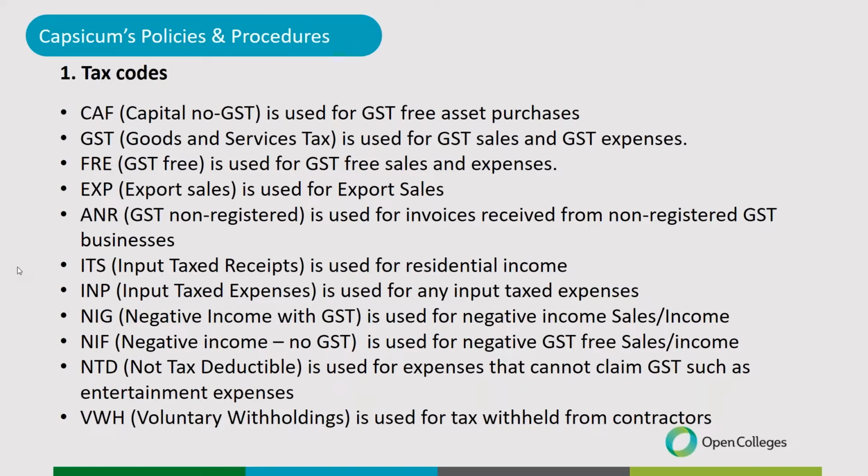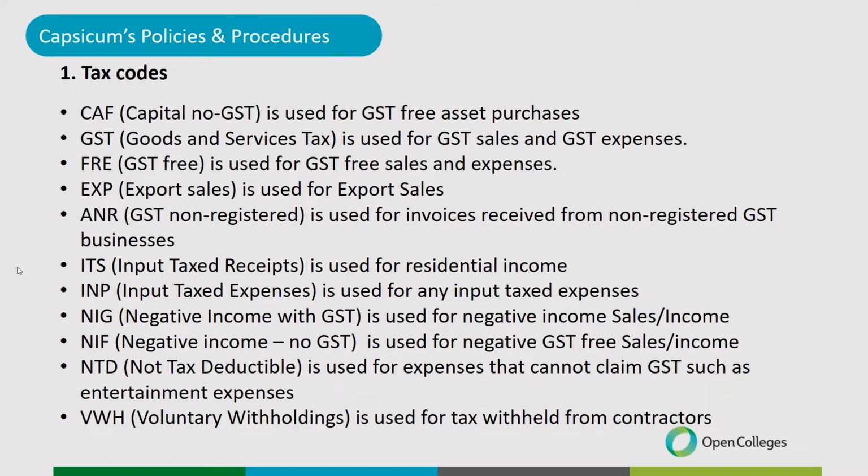It will normally be used for asset purchases, but sometimes the ATO puts a statutory limit on how much GST or even depreciation you can claim. So for some assets, if the asset price goes over the statutory limit, you will only claim GST up to the limit, and on the excess you cannot claim GST. How simple is that? So any excess over the statutory limit, you will have to use the CAF tax code.